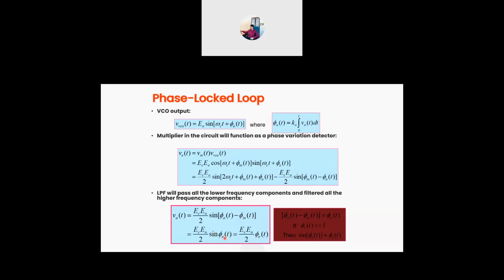If it is much less than 1, we can use the simplified version, EC E naught over 2 with this error.